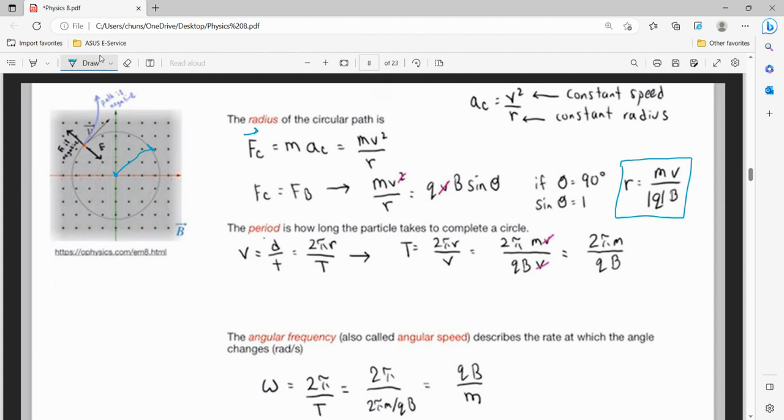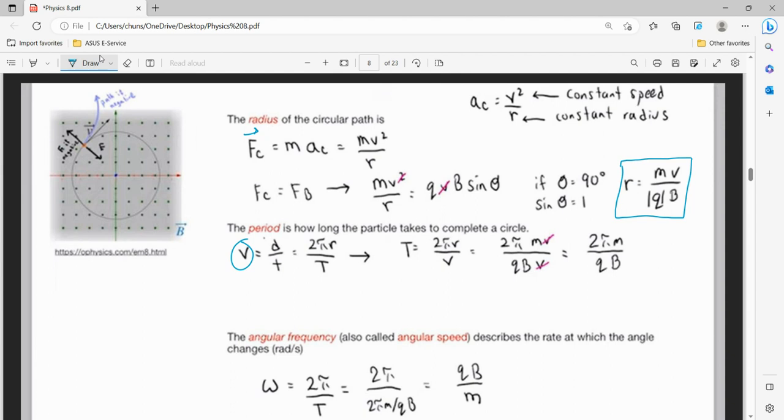And a period is how long a particle takes to complete a circle. So we're going to use our velocity, which is distance over time, and our distance in this case is the circumference of a circle over our period in place of our time, and that makes T equal to 2 pi r over v.